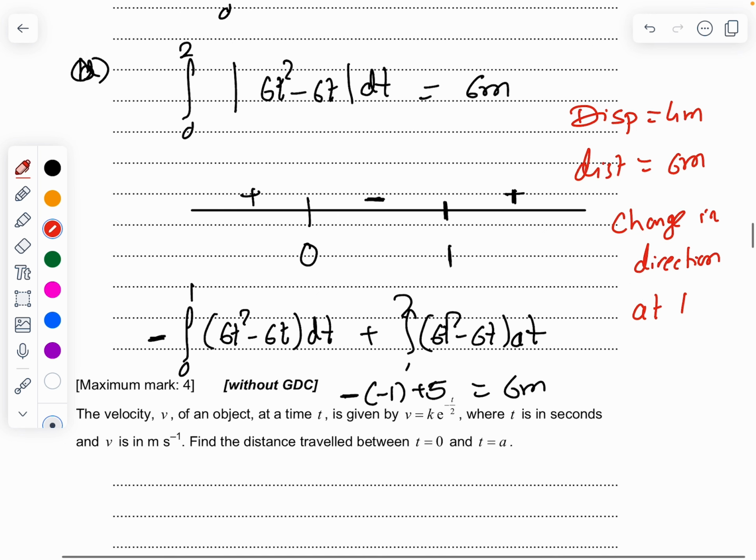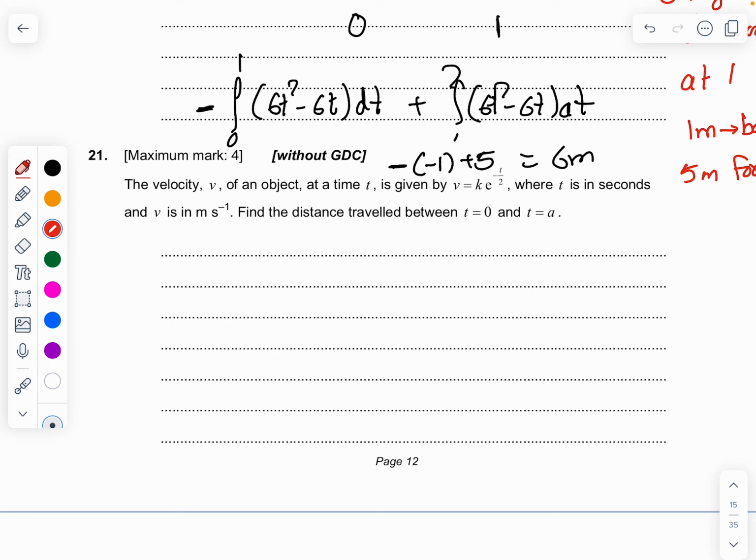First it will go 1 meter backwards and then it will go 5 meters forward. So total distance is going to be 6, but the displacement is going to be 5 minus 1, which is 4. That is the reason.